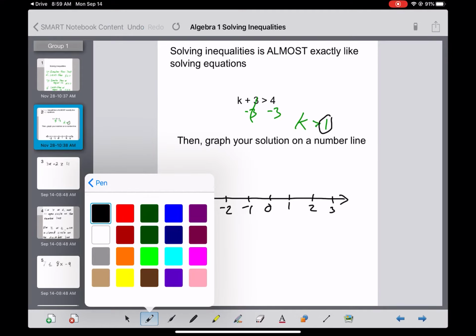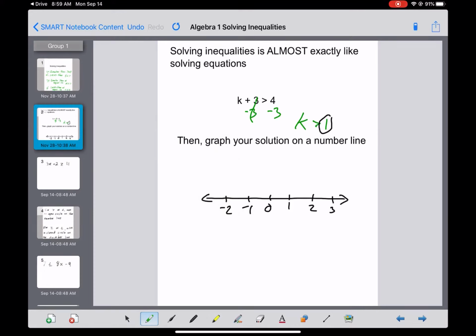Now when I graph this, I'm going to show that k is allowed to be anything bigger than 1. So k could be here, here, anywhere down here. So the way we're going to show that is from 1, I'm just going to draw an arrow that goes to the right. So my arrow here is kind of shaded in.